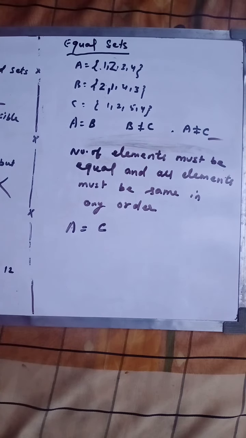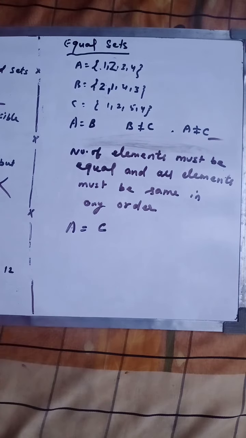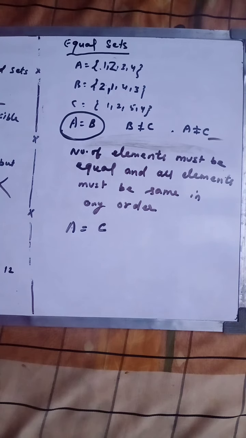You can check 1 is coming, 2 is coming, 3 is coming, 4 is coming. So they are equal sets. So this is the definition of equal set.